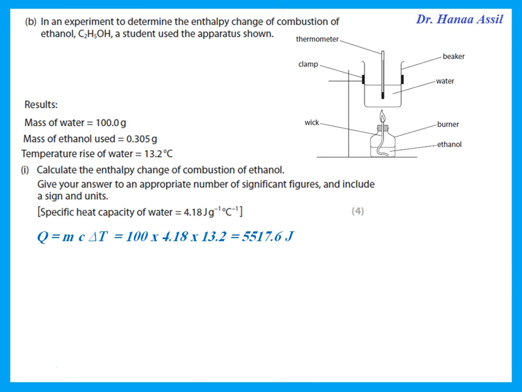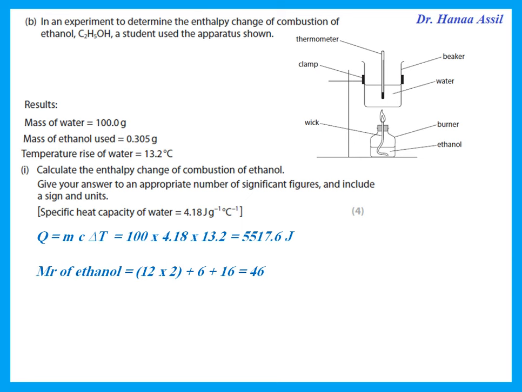It does not have to do with the mass of ethanol. So m is 100, c is given, the temperature rise is given, so this gives me a certain energy in joules. So this is the total amount of energy. Now we need to get the number of moles.